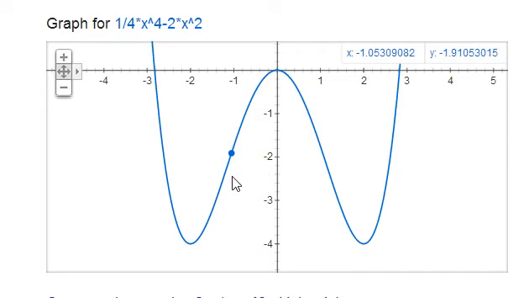I'm just kind of guessing here, from about right here and then up, it's concave up, and then you can see concave down, and then concave up right here.